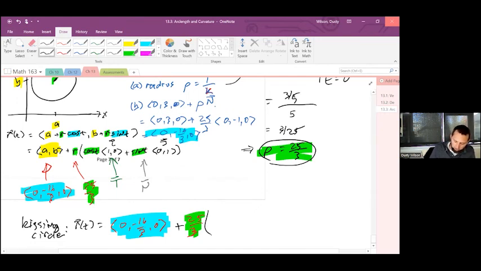Now I'm going to get a cosine t, which is built into the formula. And I need to multiply by the T vector, which is 3/5, comma 0, comma 4/5.